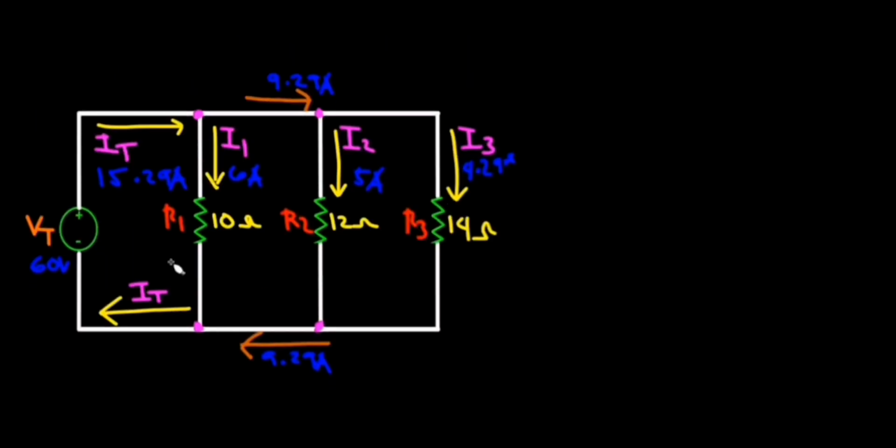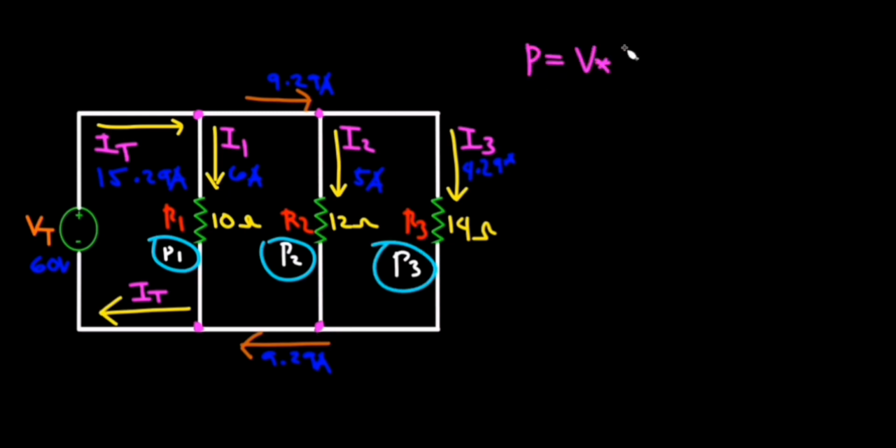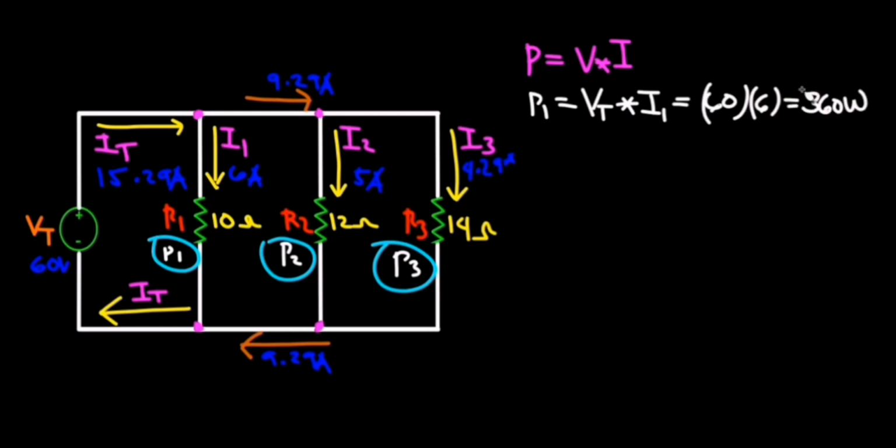Next, we are going to solve for the power absorbed by each of the resistors. Again, power is equal to V times I. So P1 is equal to Vt times I1. Substituting the values, 60 times 6. This will be 360 watts.